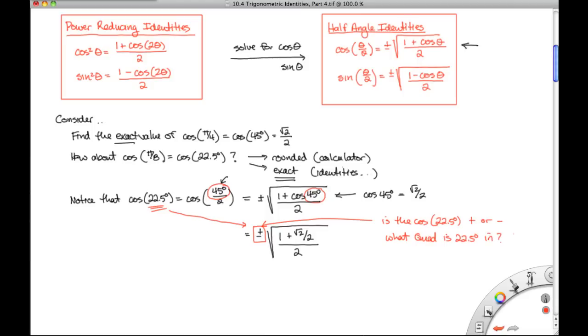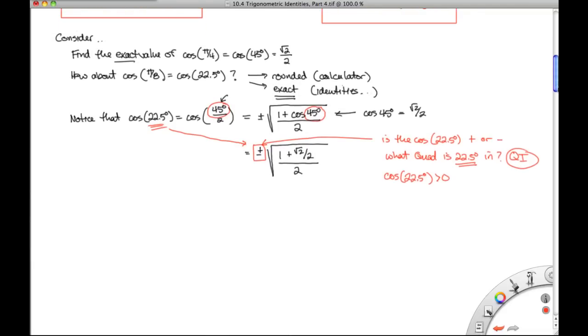This is an angle that falls into quadrant 1. The cosine is positive in quadrant 1. So we know that the cosine of 22.5 degrees is going to be a positive value. So that's how we can make that determination.